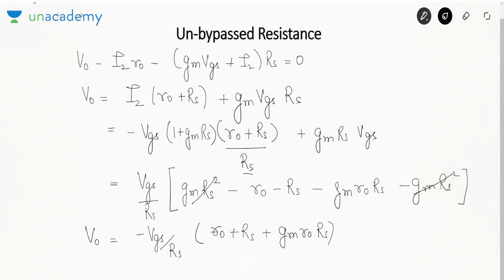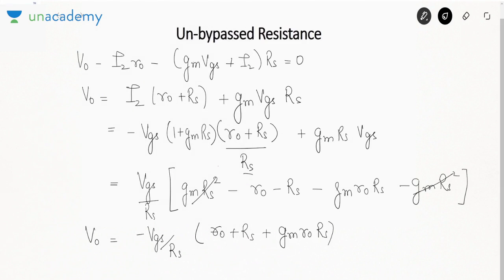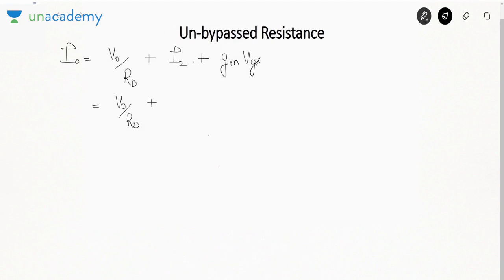I2 was VGS (1 plus gm RS) by RS, with a minus sign. So I2 was minus VGS (1 plus gm RS) over RS plus gm VGS. Okay.